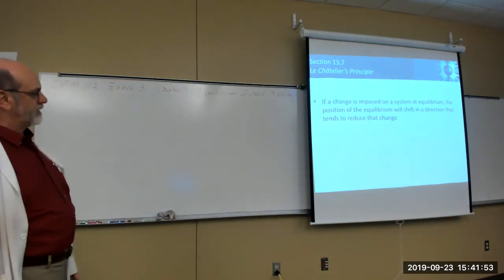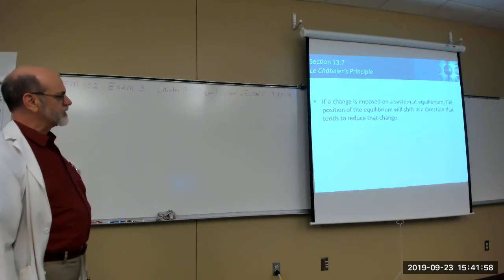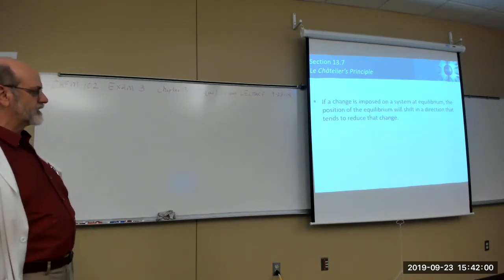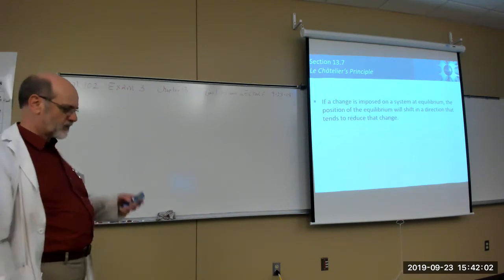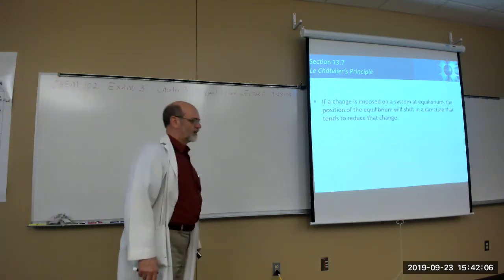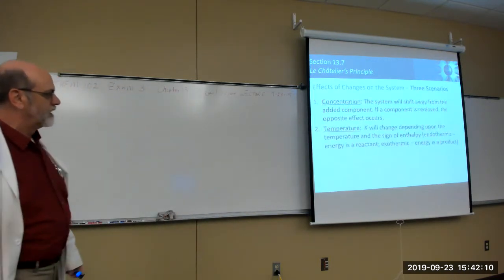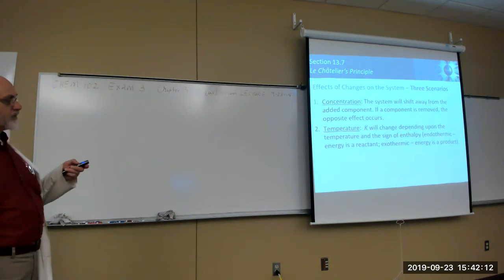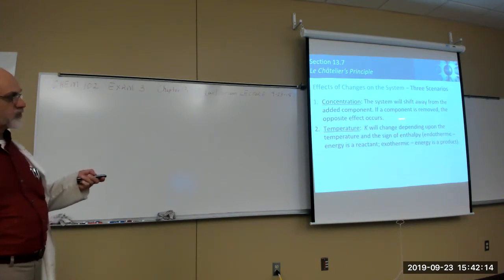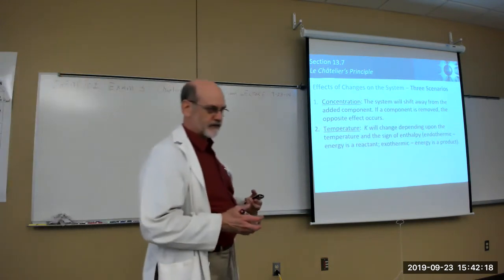Let's see how they say it. If a change is imposed on a system at equilibrium, the position of the equilibrium will shift in a direction that tends to reduce that change. Okay. So it responds to an insult. The discussion we've had so far was in terms of concentration, so those are fairly easy to rationalize.